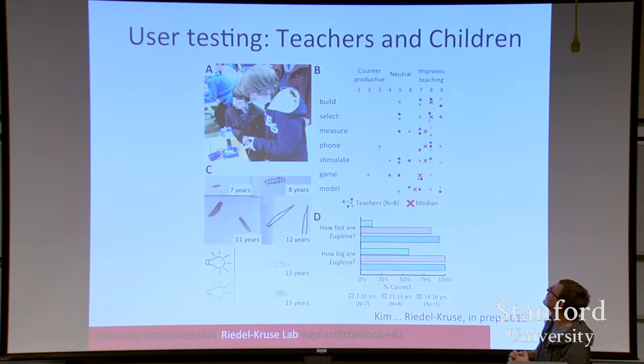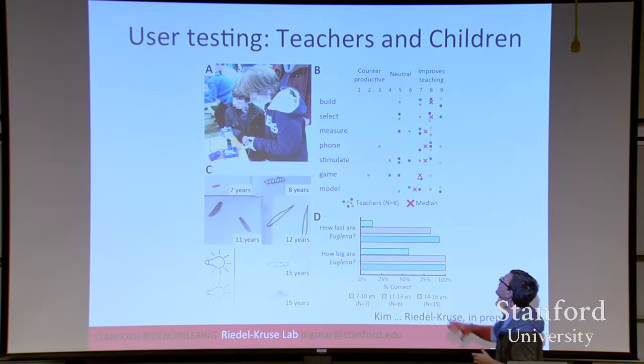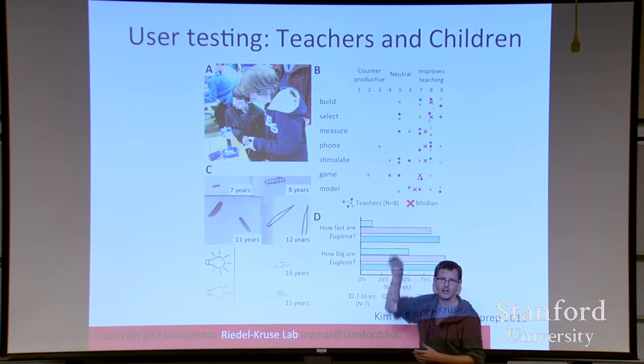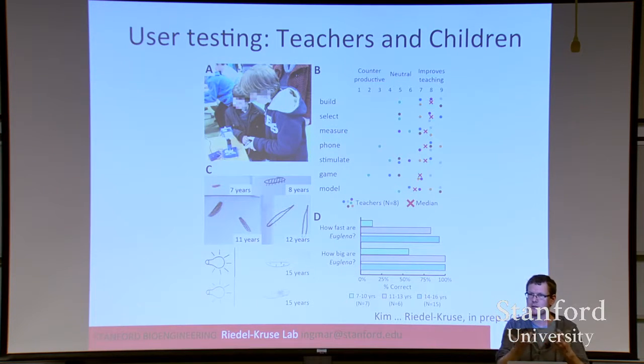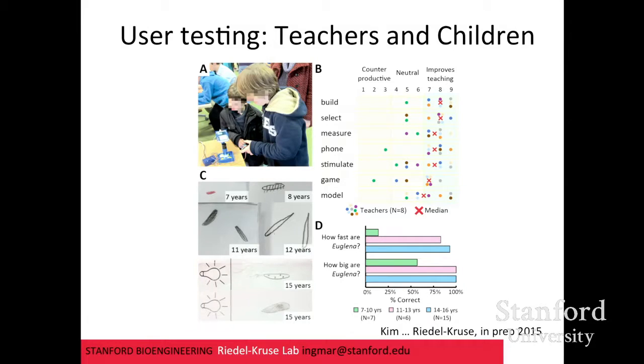Most of them felt the building aspect, being able to select individual cells and make measurements, is maybe the most useful. The idea of playing games and modeling, teachers still expressed enthusiasm, but it seemed of less interest.